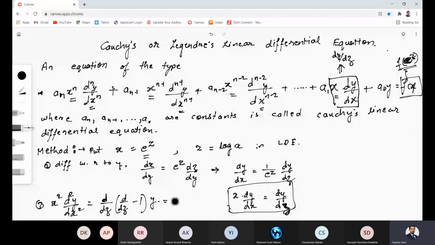For remembering purpose, you simply remember this relation. Okay, and with this, the term after this we have replaced by d into d minus 1. Similarly, now you can guess what will happen for d cube y by dx cube.